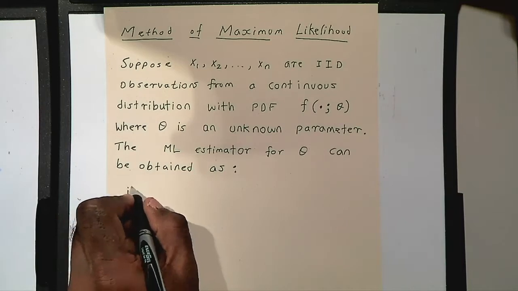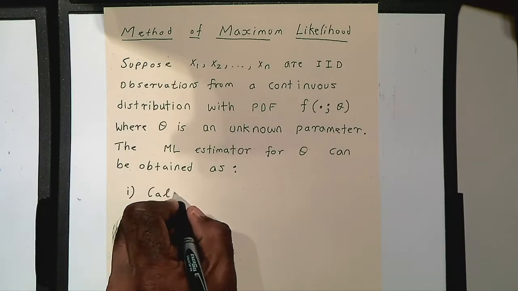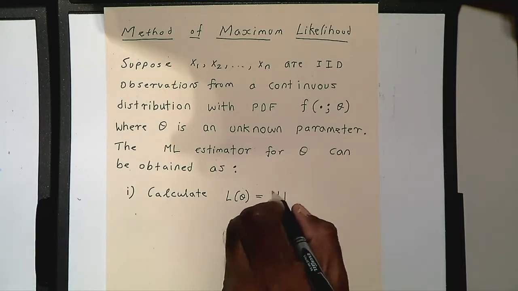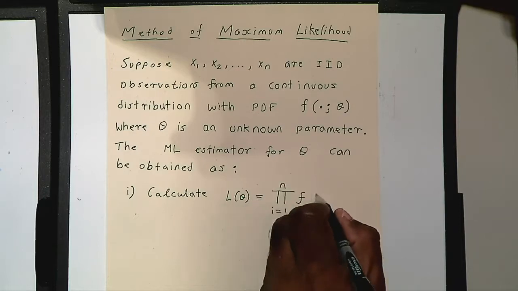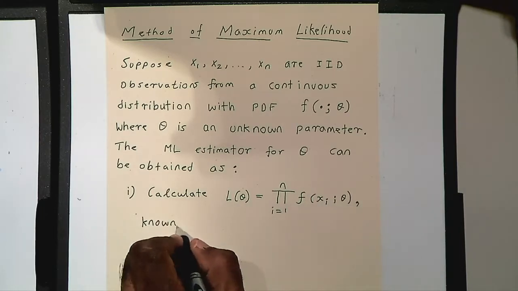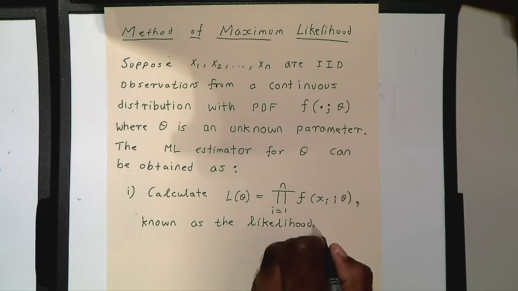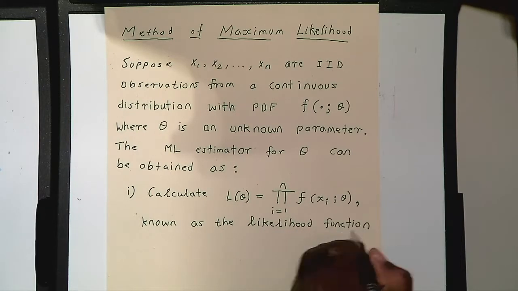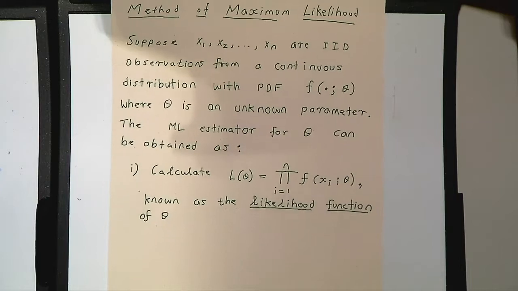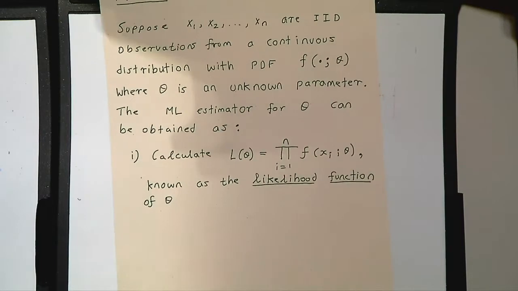The first step is to compute this, which is the product of the density function over the data points x1 to xn, right? And this is known as the likelihood function, right?